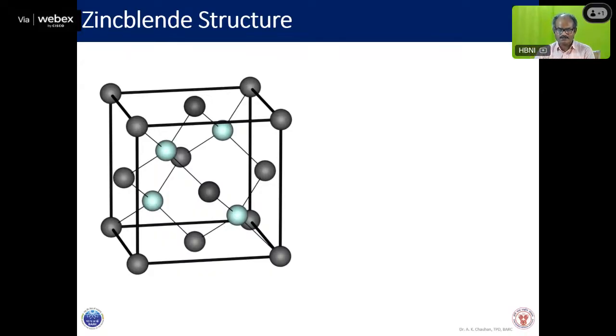The only difference is that the atom used in the first is different from the second. Now you do the same thing: the origin of the second FCC structure is 1/4, 1/4, 1/4 distance away from the origin of the first FCC structure. This structure is called the zinc blende structure.